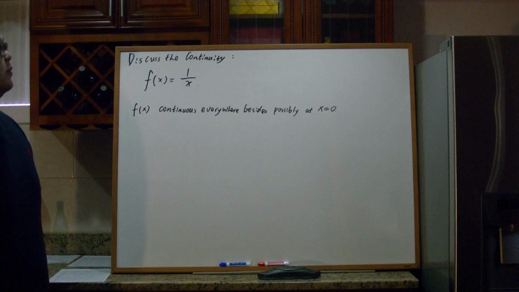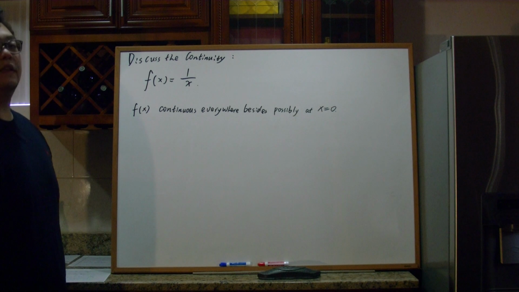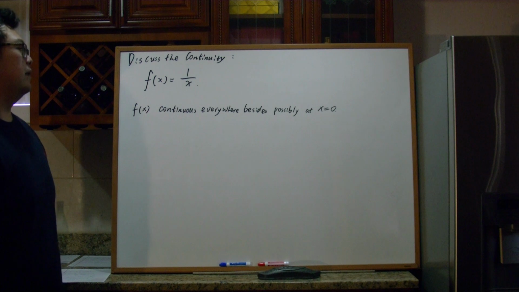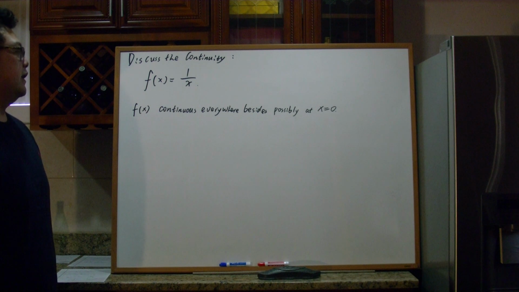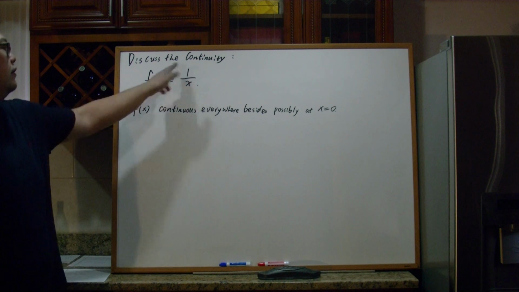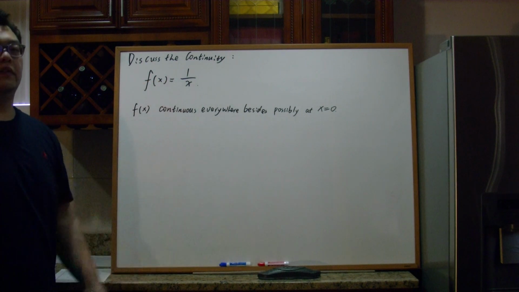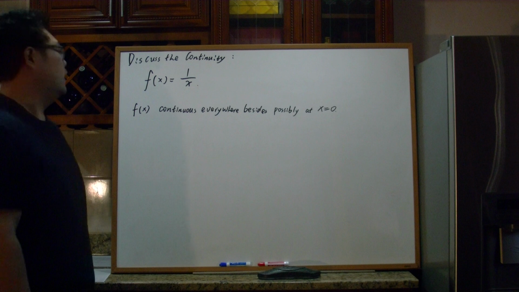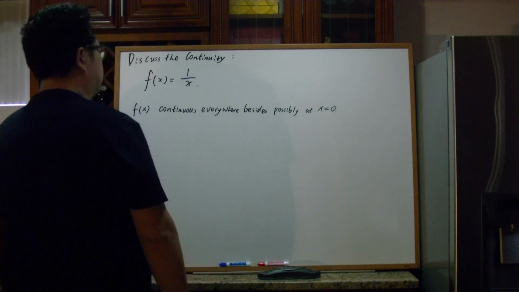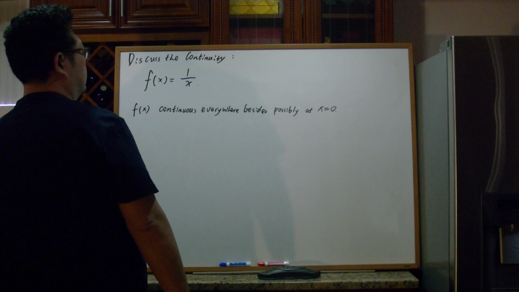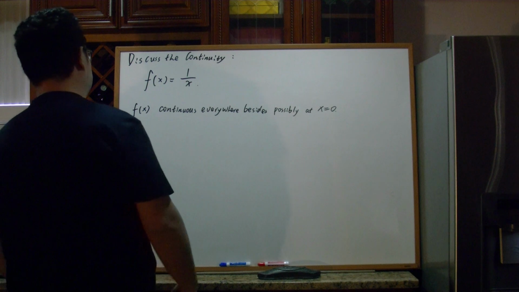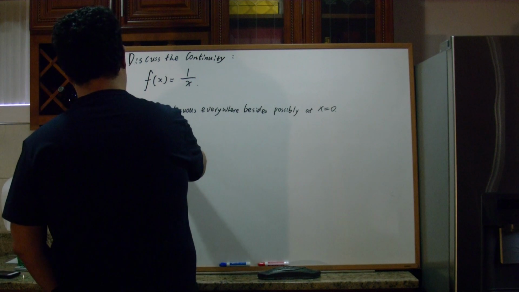We need to discuss whether it is continuous, or which type of discontinuity it is. The rational function is defined everywhere except where the denominator equals 0, so it should be continuous everywhere besides the possible x equals 0. So we check the limit first.